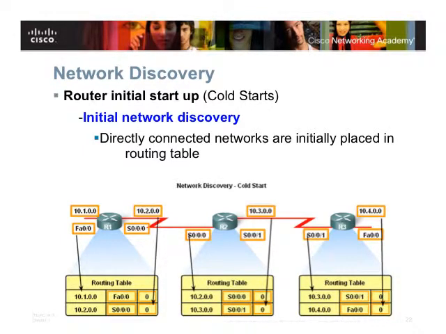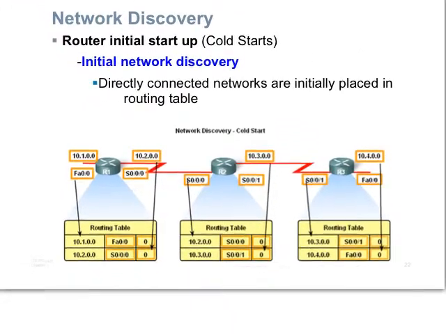So let's dig into how the routing protocol actually works from the startup, from the moment that the network first starts up. When the network starts up, usually every router will only know information about the networks that are directly connected to it, through their interfaces.